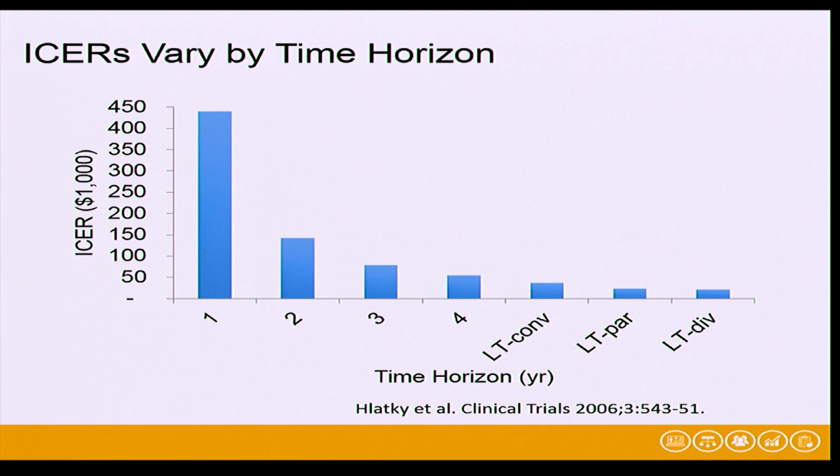And then there are 3 possible scenarios for the lifetime in terms of whether the survival curves converge or parallel or diverge. And so this might be an interesting sensitivity analysis to report, but ultimately the reference case should focus on the time horizon that was decided to be relevant.